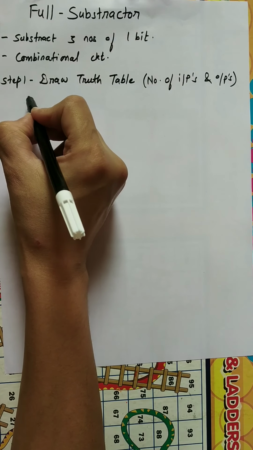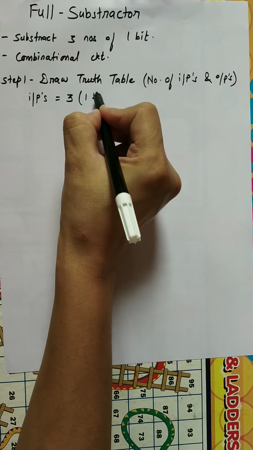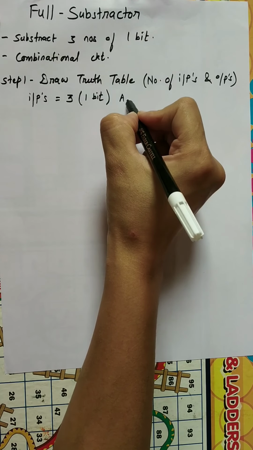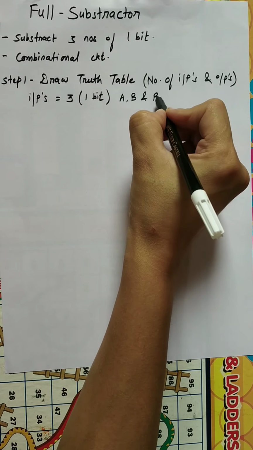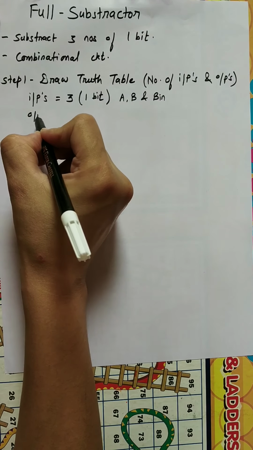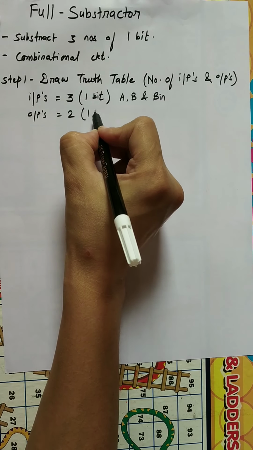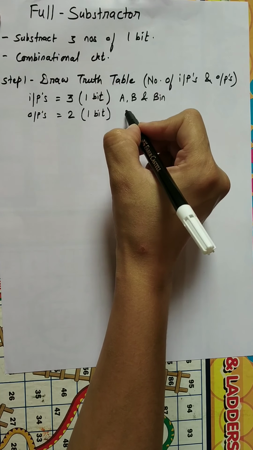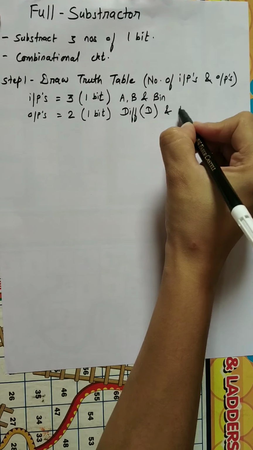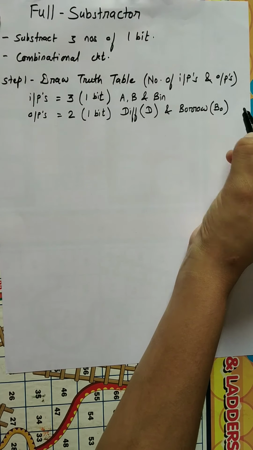There are three inputs of one bit, that is A, B and B in. How many outputs are there? There are two outputs, also of one bit: difference, which I will denote by D, and borrow, which will be denoted by B0.